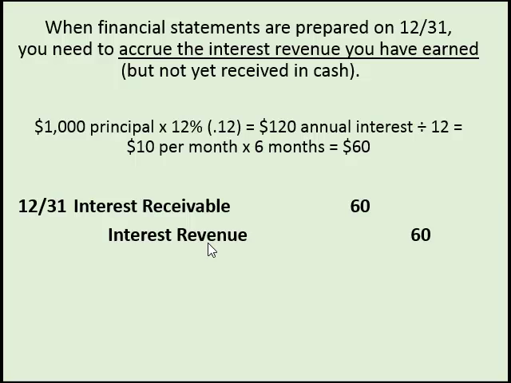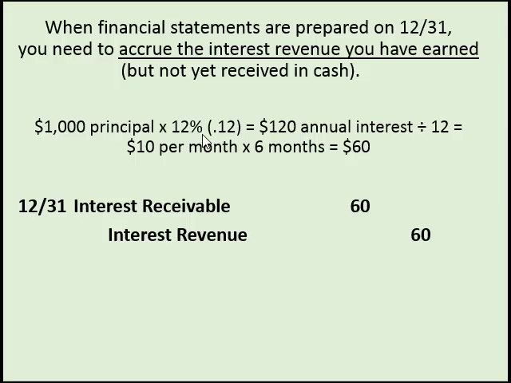And how we calculate the amount is we take the $1,000 principal balance, which was the original amount that was lent to the other company. We will multiply by 12%, which is the annual rate of interest, and that gives us $120 for a year's worth of interest.